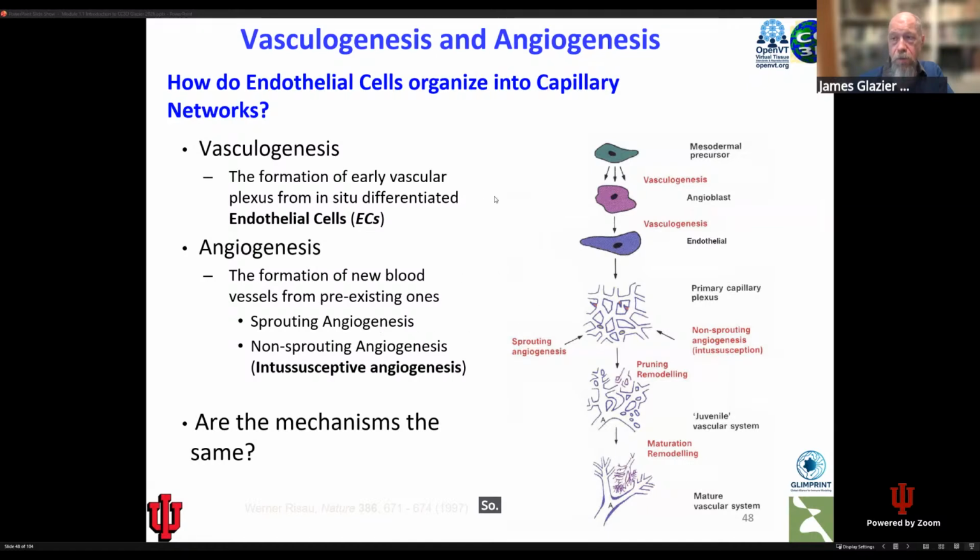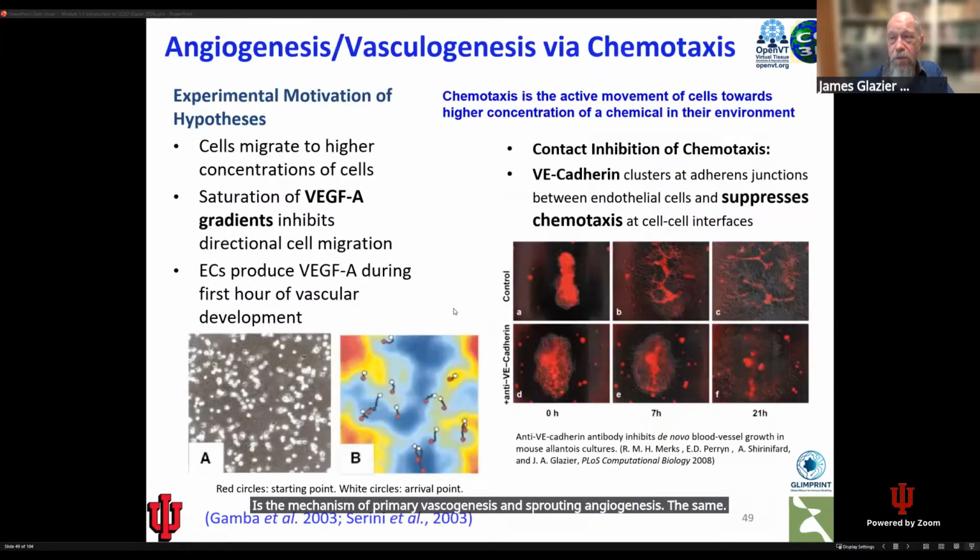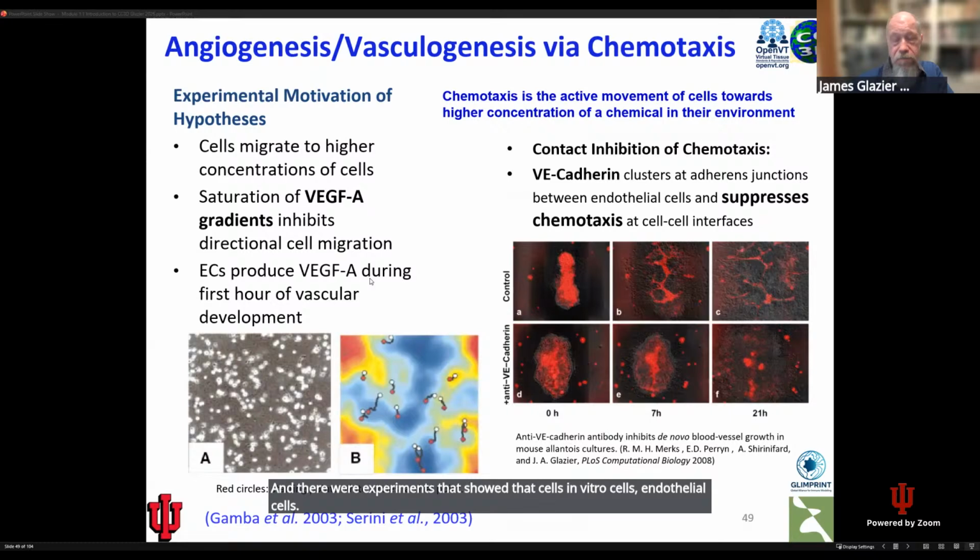The original question was, is the mechanism of primary vasculogenesis and sprouting angiogenesis the same? There were experiments that showed that endothelial cells in vitro move up gradients of vascular endothelial growth factor A. They secrete a chemical and they respond to it themselves.